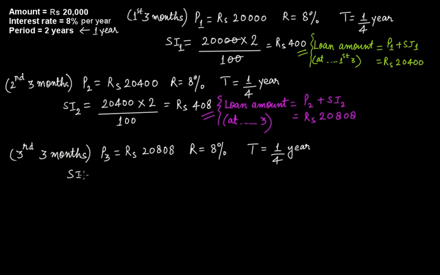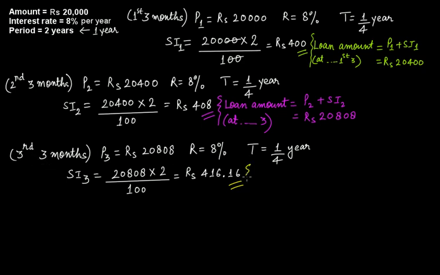Now simple interest SI3 is 20,808 multiplied by R, that is 8, multiplied by 1 by 4, that will give you 2. That is, the rate becomes 2% in the case of interest compounded quarterly. If you calculate this one, you will get rupees 416.16.